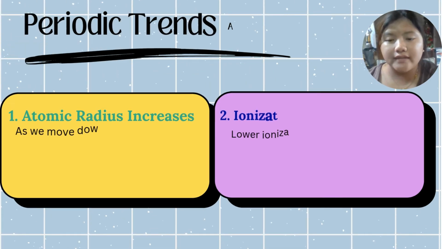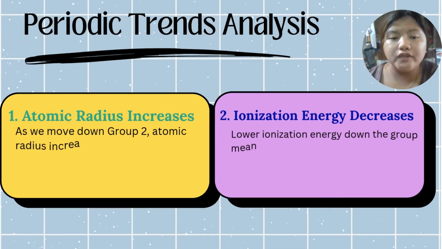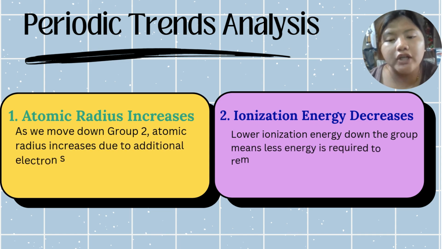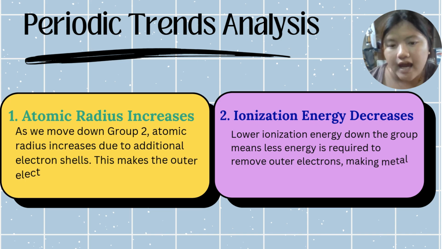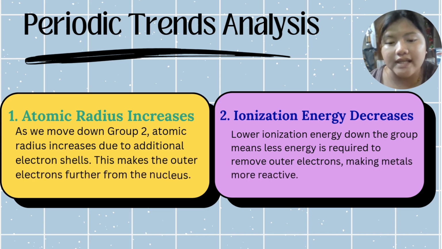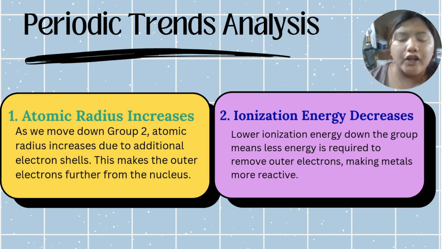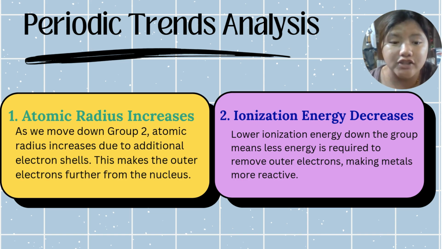For periodic trend analysis, as we move down group 2, the atomic radius increases. Atomic radius increases due to the additional electron shells. This makes the outer electrons further from the nucleus. And also, lower ionization energy down the group means less energy is required to remove outer electrons, making metals more reactive.